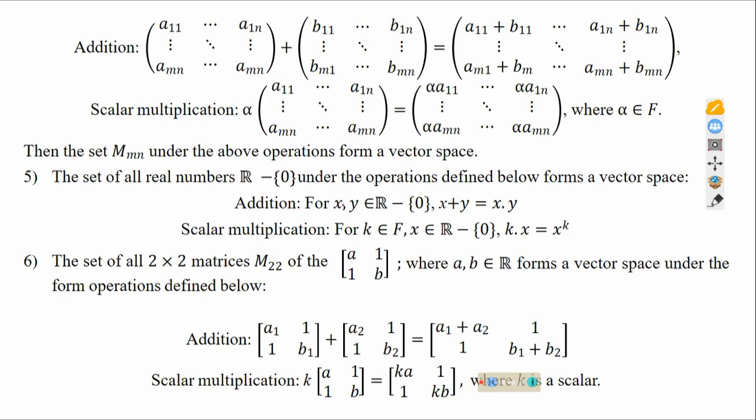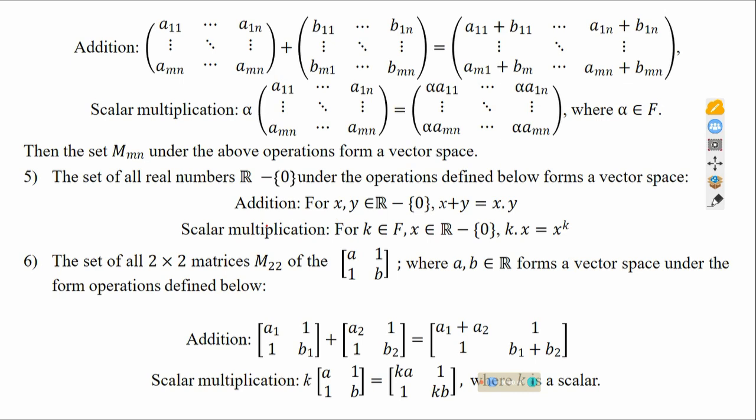We have addition: for any x, y picked from R minus 0, x plus y will be the same as x dot y, that is x times y. For scalar multiplication, for any k picked from F and x picked from R, k times x equals x to the power k.